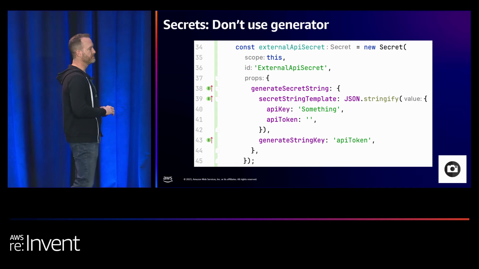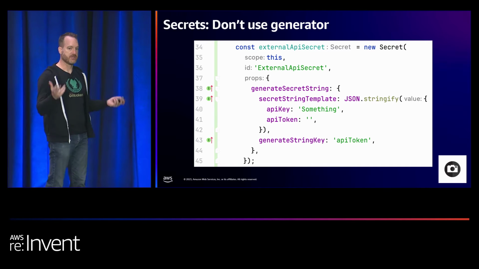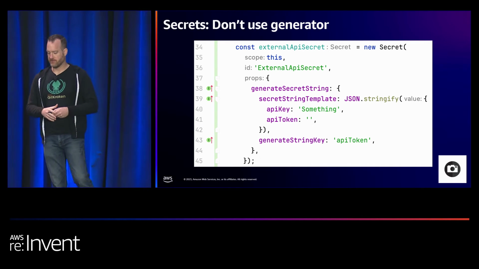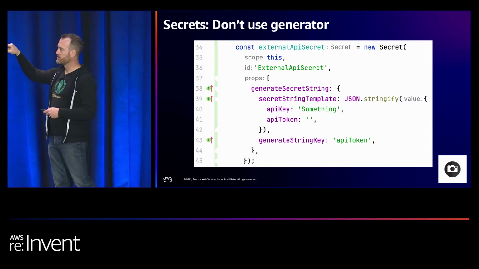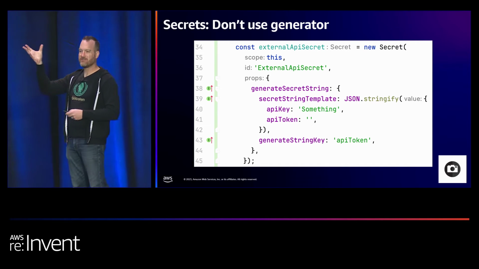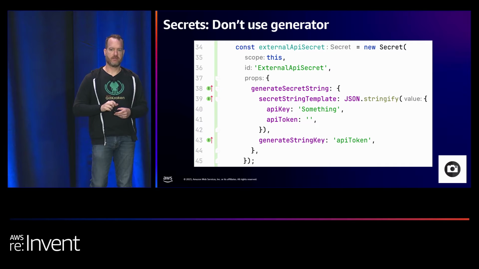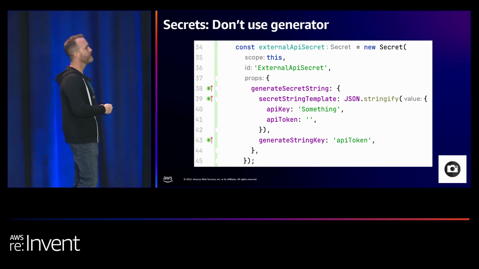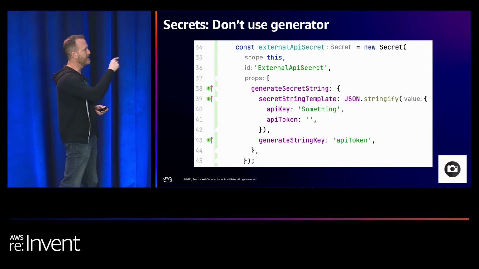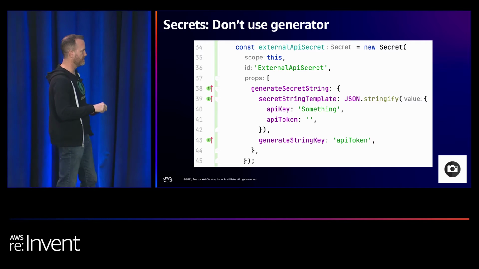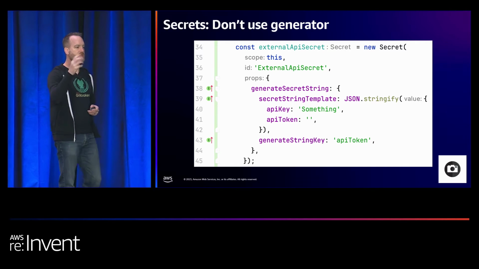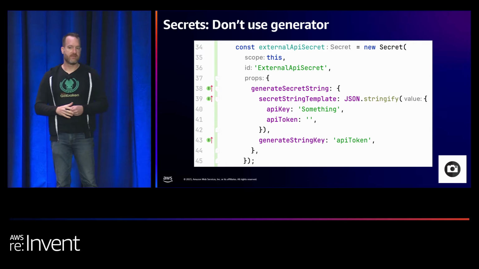But if I need to put some structure behind it, because this is maybe a JSON value that's going to be used by ECS or something else, I can use generate secret string and say, here's the basic shape of the value that I want to store. I can say that it has an API key and an API token, and then line 43 says that the API token should be that randomly generated value.